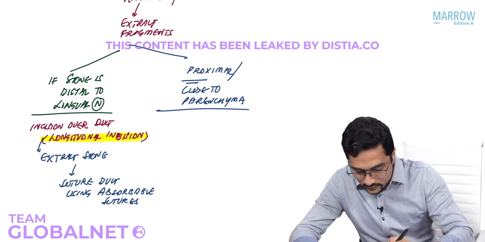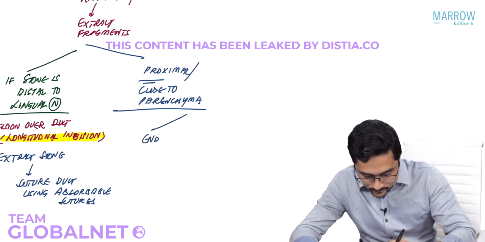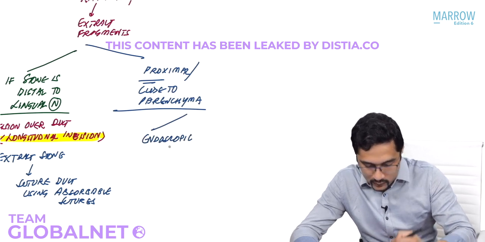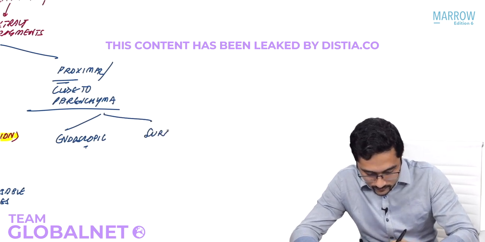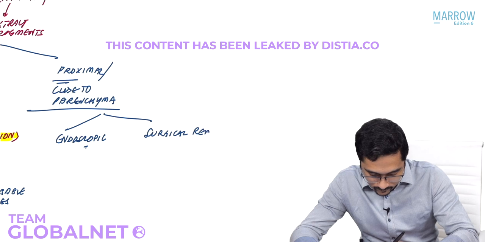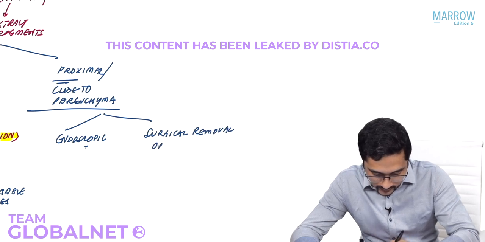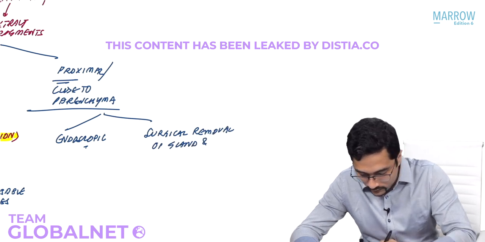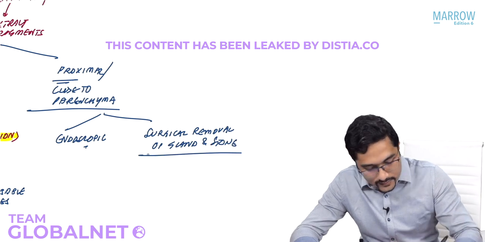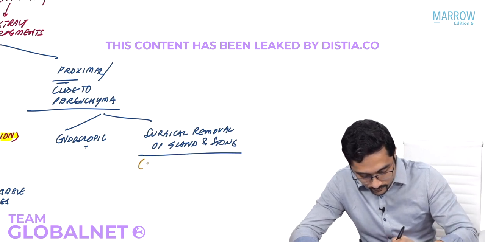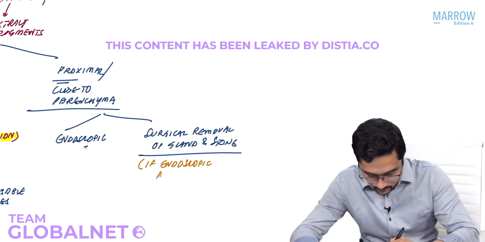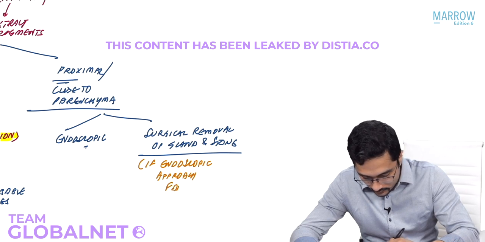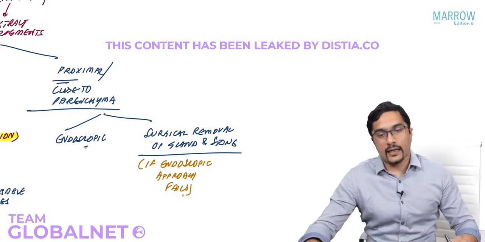We can either do an endoscopic approach, or we can do surgical removal of the gland and stone. But this is usually reserved for when the endoscopic approach fails. If the endoscopic approach fails, then only do we carry out the surgical removal of the gland and the stone.